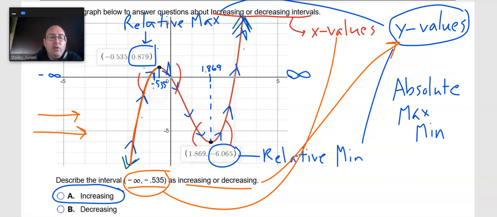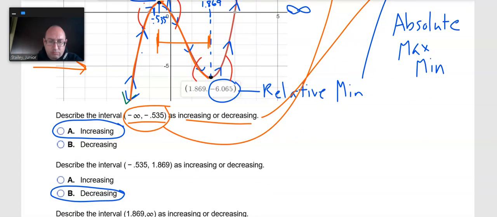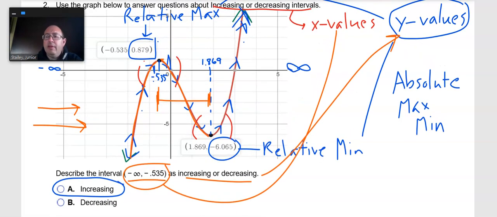What happens when you go from this section right here, negative 0.535, all the way over to 1.869? We can clearly see that we're going down the roller coaster. So in that particular section, from negative 0.535 to 1.869, we are decreasing. Well, what do you think's happening from 1.869 to infinity?